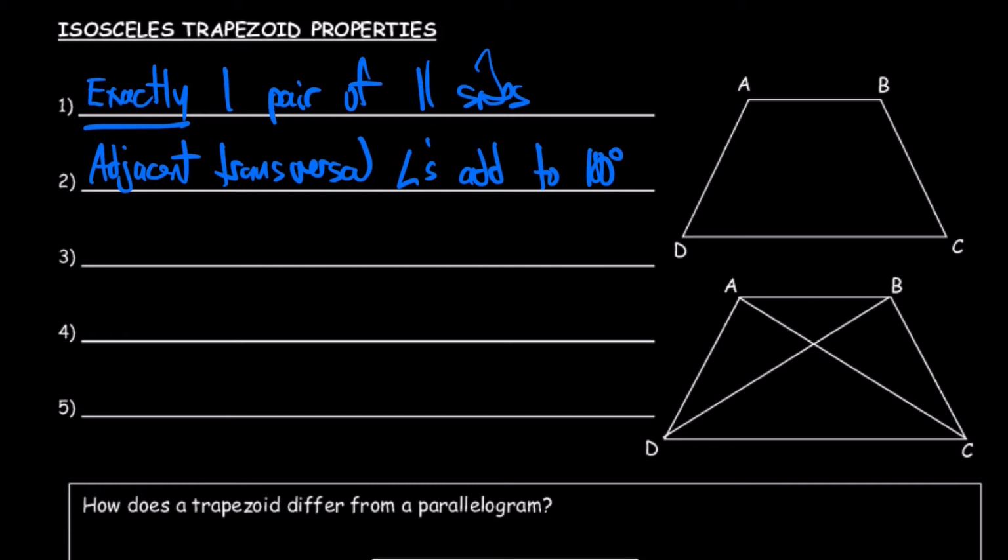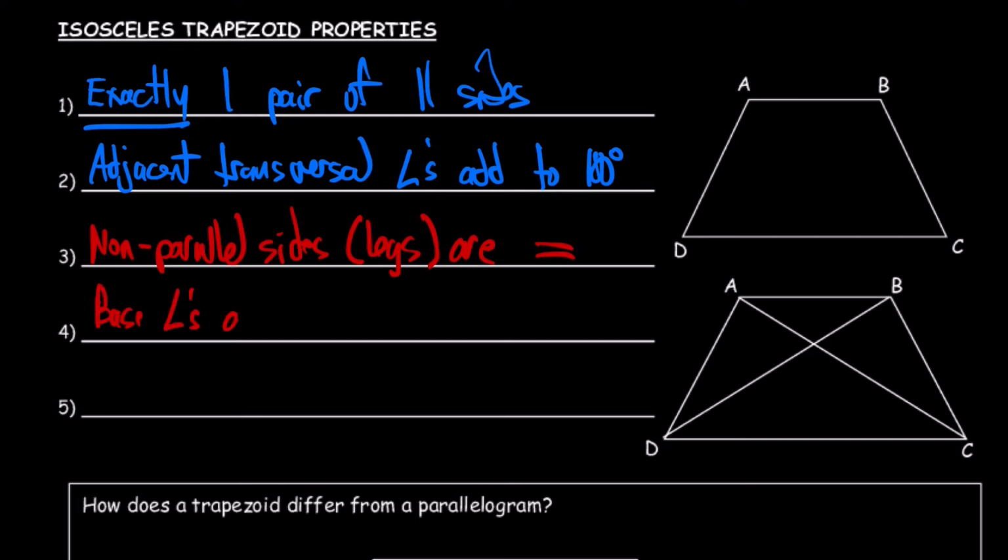All right, so what else do we know? The non-parallel sides, which from here on out we're going to call legs, are equal. Non-parallel sides are equal. I also know that my base angles are equal.